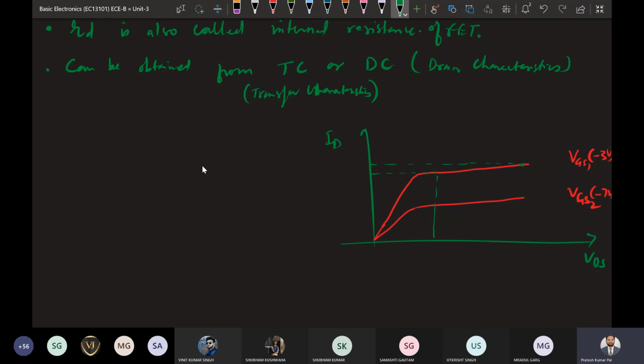So this is the change in VDS and this is the change in ID. RD is defined by change in VDS divided by change in ID.